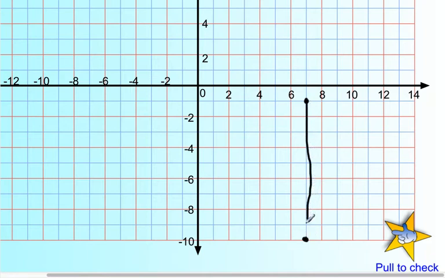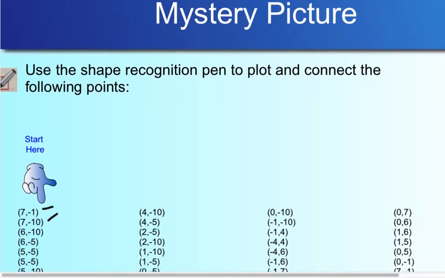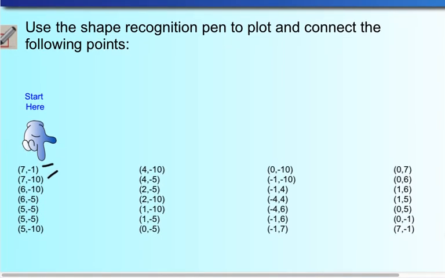Okay, and you probably will want to use a straight edge, not just do it like I did. And then you're going to continue on. So we've done this one, and we've done this one, and you'll continue going on. And hopefully it will make some kind of picture that you recognize.